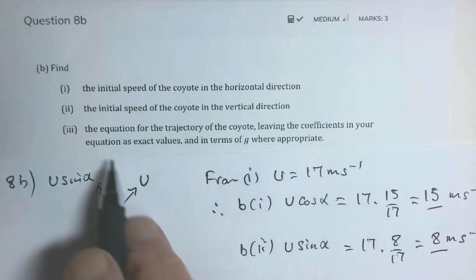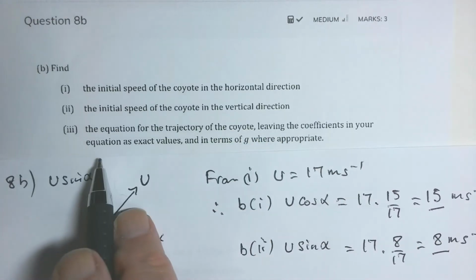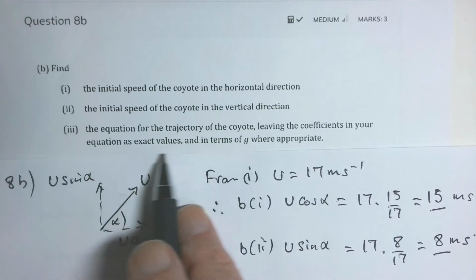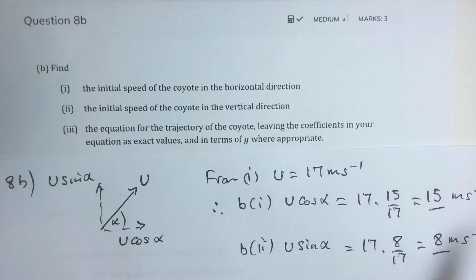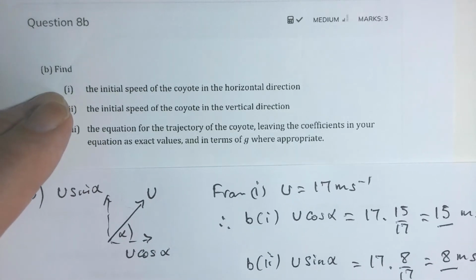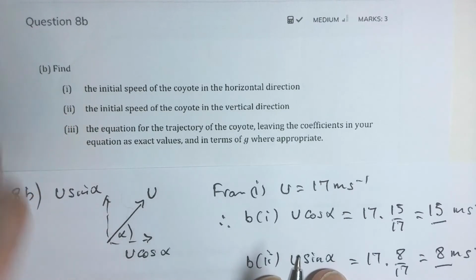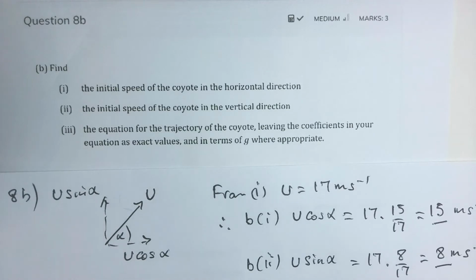Okay, and next is the equation for the trajectory of the coyote, leaving the coefficients in your equation as exact values and in terms of g where appropriate.